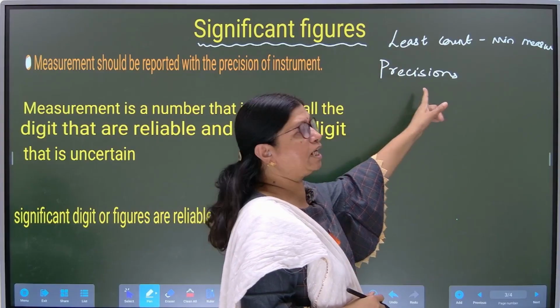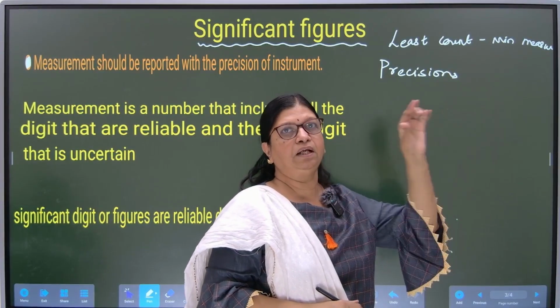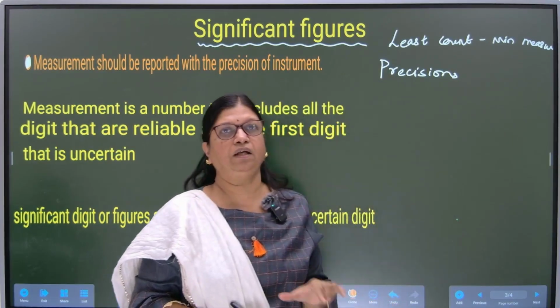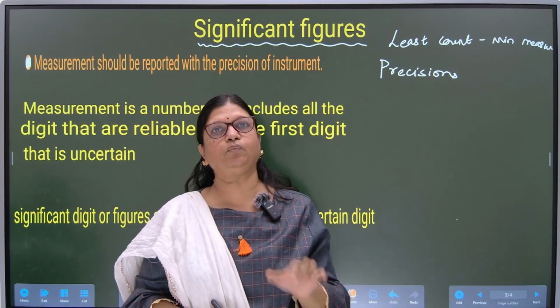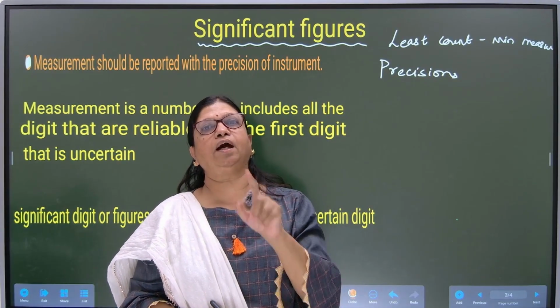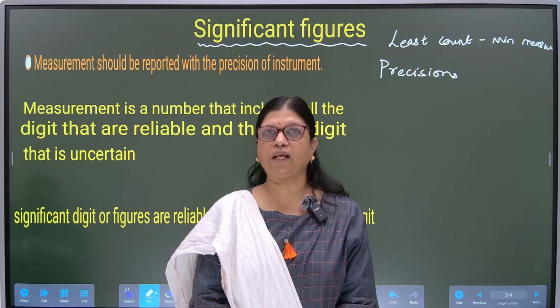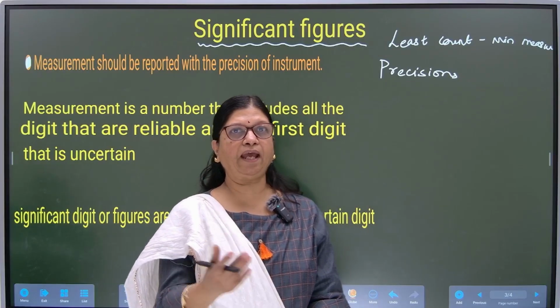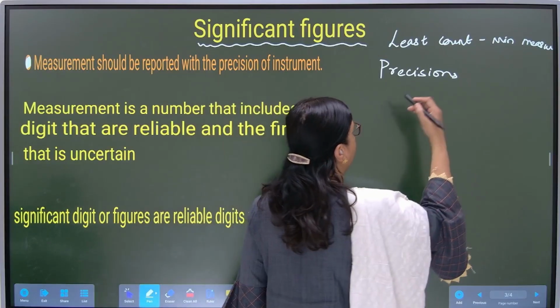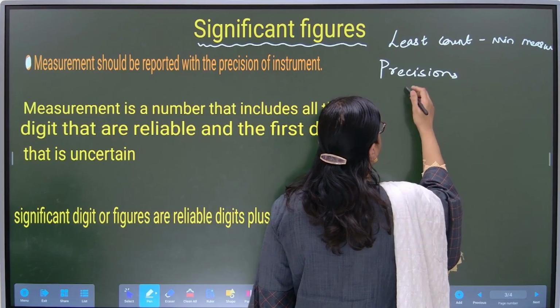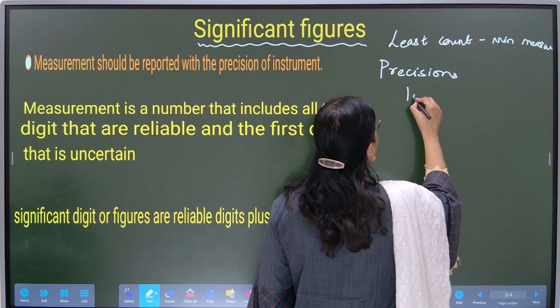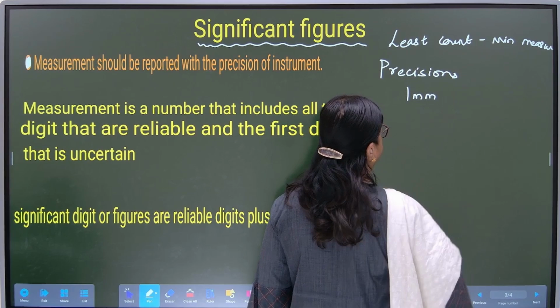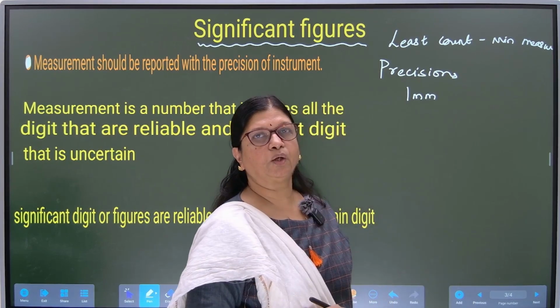Least count will tell you about the precision, that this particular instrument can measure any value only up to so many digits. So let me give you an example of least count where I have a scale which has a least count of 1 millimeter. Correct? Okay.